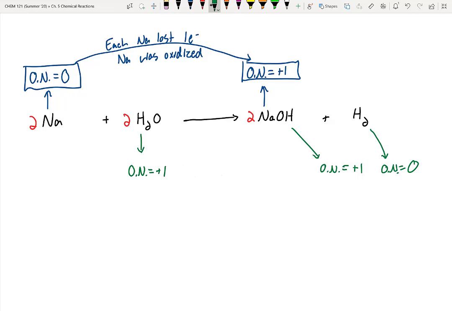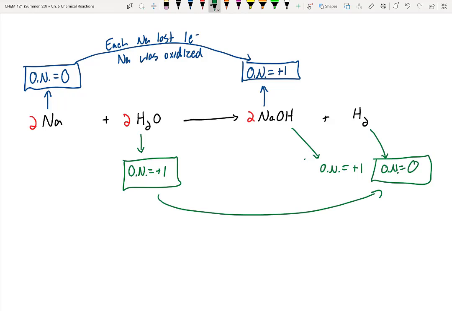Okay, and now the weird thing, hydrogen in this case. One could argue that some of the hydrogen didn't experience redox chemistry, right? It went from +1 to +1. But let's think about the other hydrogens. This one went from +1 to 0.